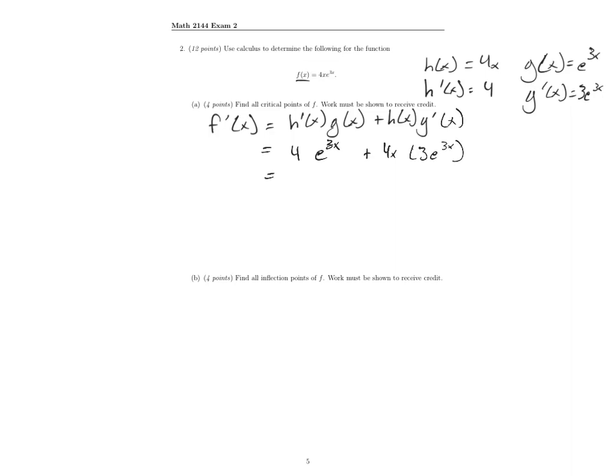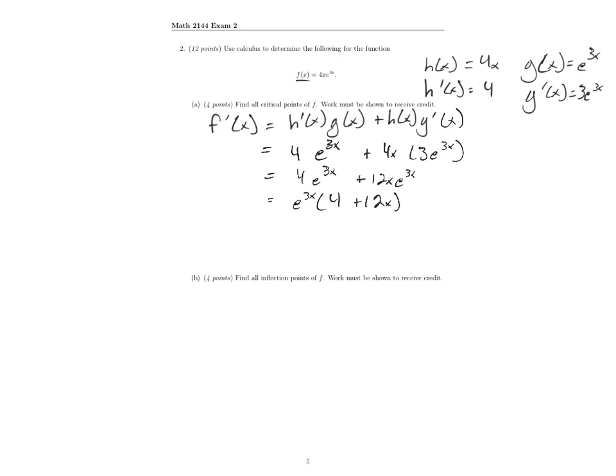So simplifying this just a little bit, I can write this as 4e to the 3x plus 12x e to the 3x. Since both of these terms have an e to the 3x in it, I'm going to pull that out, and then that's going to leave me with 4 plus 12x.